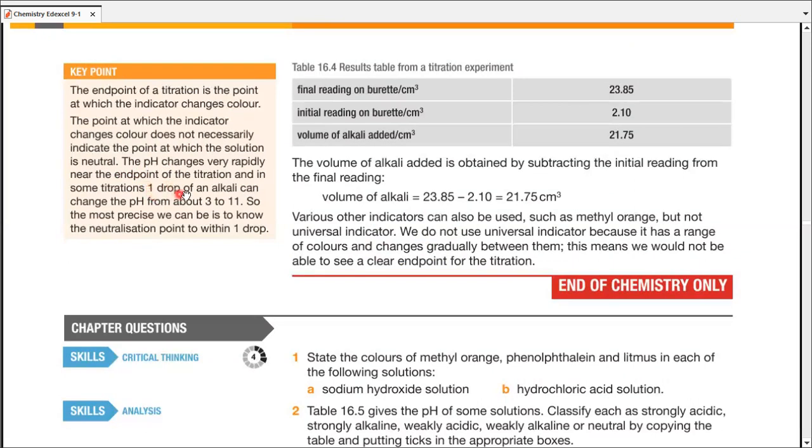The pH changes very rapidly near the endpoint, and in some titrations, even an extra drop more, or a drop less, can change the pH from about 3 to 11. So there can be a step of 5 to 6 points of pH jump with just one extra drop.